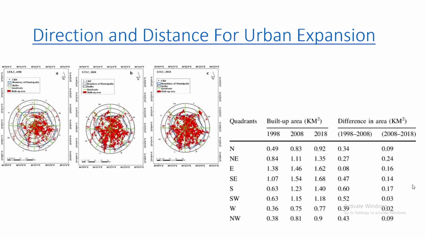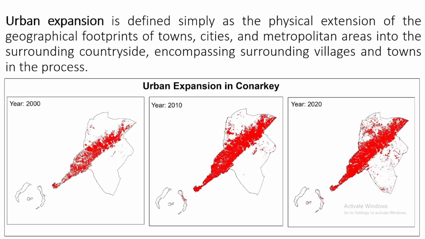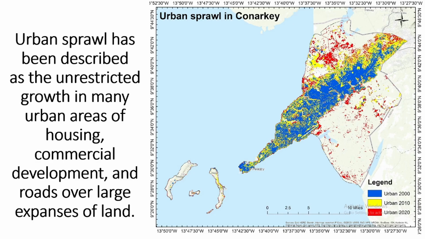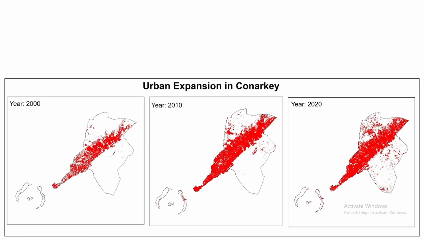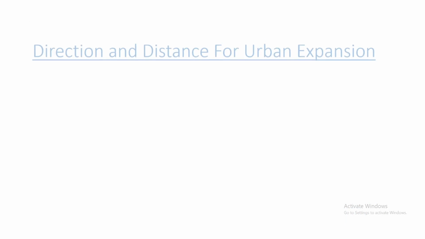For that, simply take the urban or built-up class, and then you can easily make this type of analysis, direction and distance for urban expansion, and also do it for urban sprawl. So this is one kind of topic for urban development.